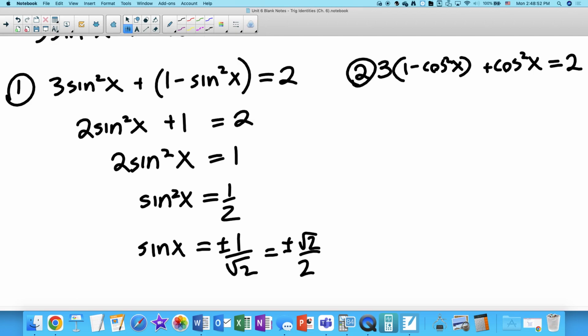Okay, and now what you're going to get is 3 minus 3 plus 1, so plus 2, no, minus 2 cos squared x equals 2. Okay, and if I subtract 3 from both sides, I will get negative 2 cos squared x equals 2 minus 3 is negative 1.